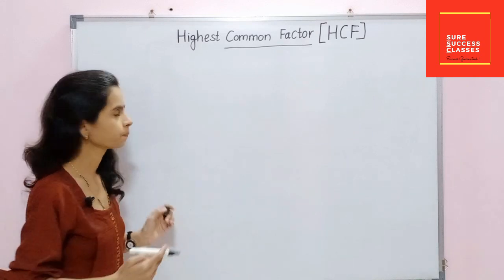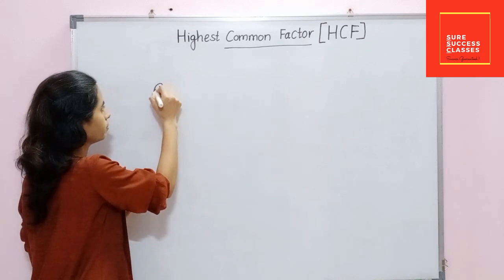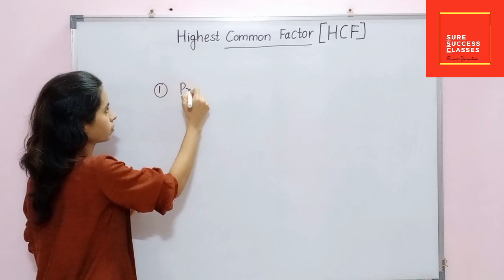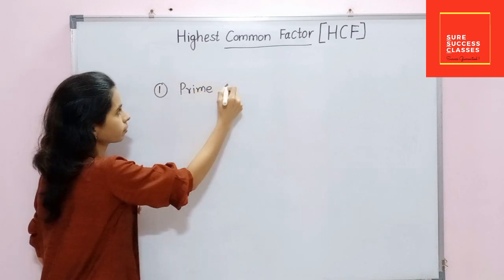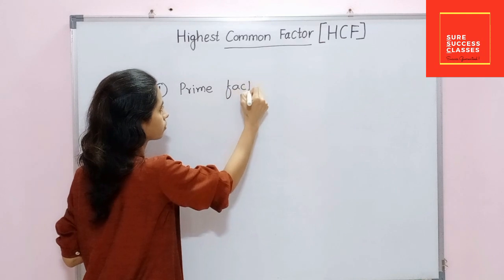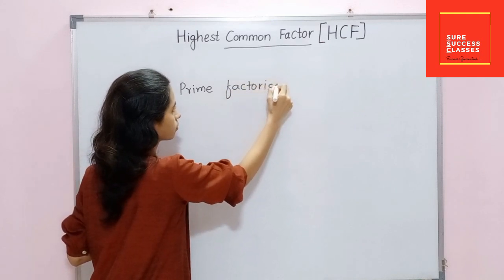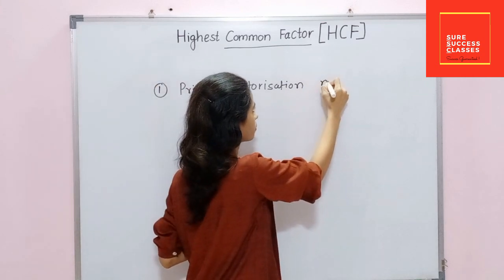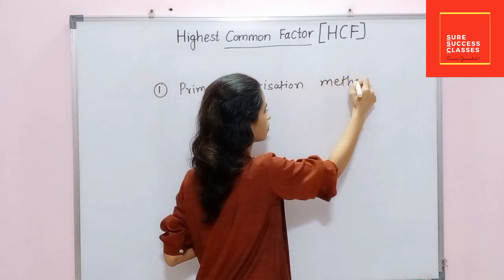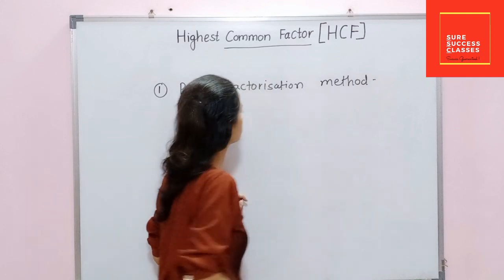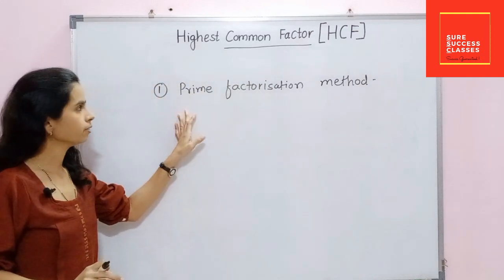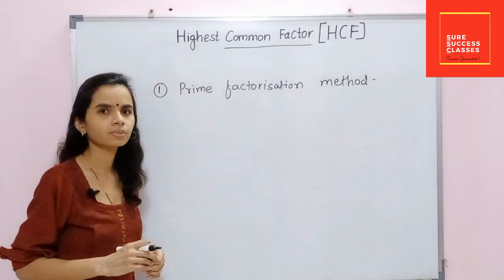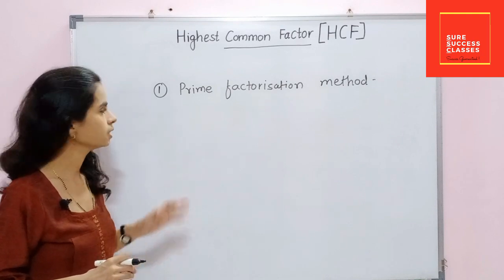The first method is the prime factorization method. In this method, we have to find out the prime factors of given numbers. There are 3 steps in this method.